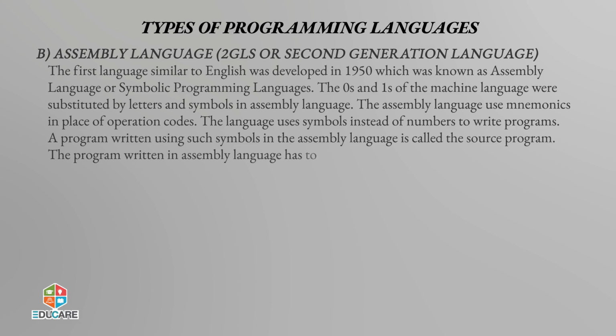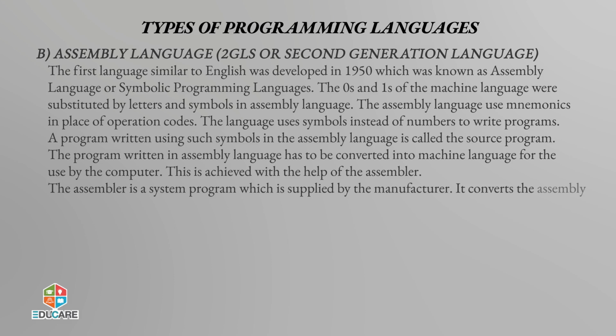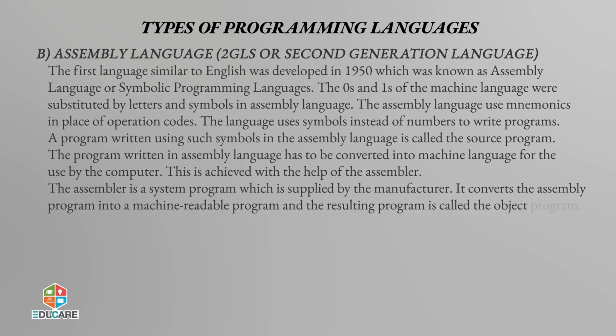The program written in assembly language has to be converted into machine language for the use by the computer. This is achieved with the help of the assembler. The assembler is a system program which is supplied by the manufacturer. It converts the assembly program into a machine-readable program, and the resulting program is called the object program.